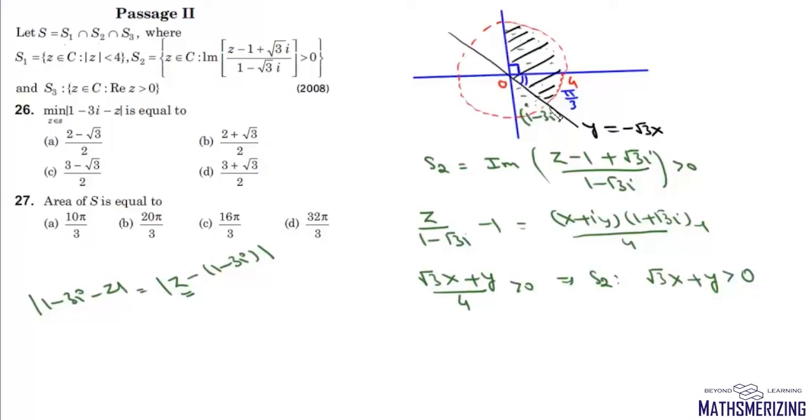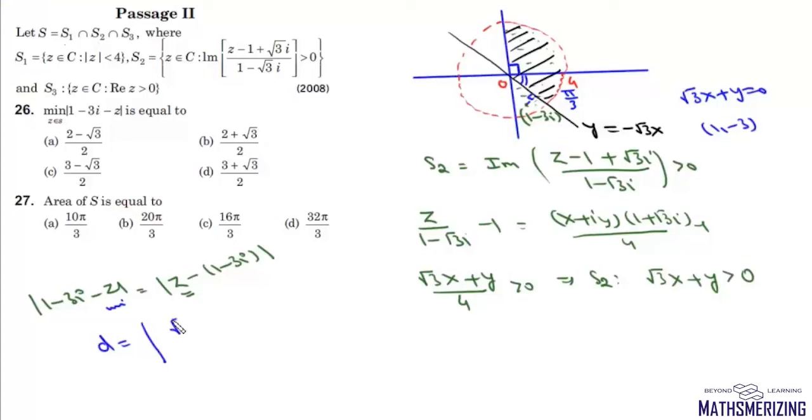Now we need to find the minimum distance between this point and all the points in this region. Now we know that the point which is closest to this point will be on this perpendicular to this line, which is root 3x plus y. So we have to find this minimum distance. It will be minimum when this distance is minimum, and for that we need to find the perpendicular distance of this line root 3x plus y equals 0 from this point (1, minus 3).